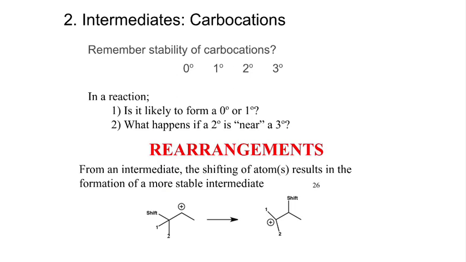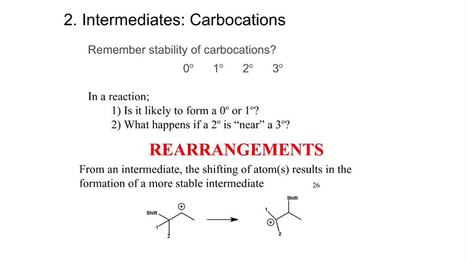What happens? Now my carbocation is going to appear at a different spot. If this is a tertiary carbocation, this is more stable. So the structure will do it. It's looking within the molecule to stabilize.